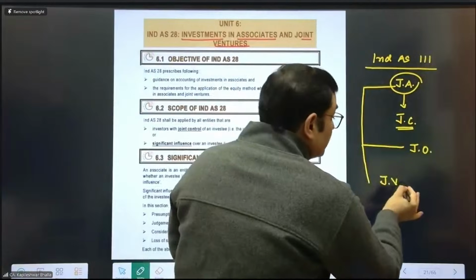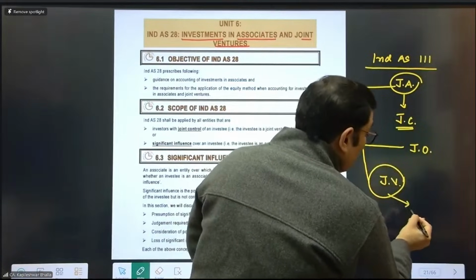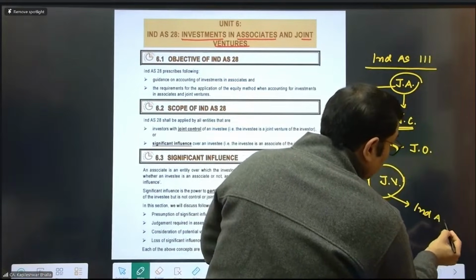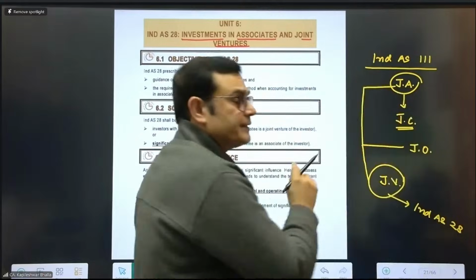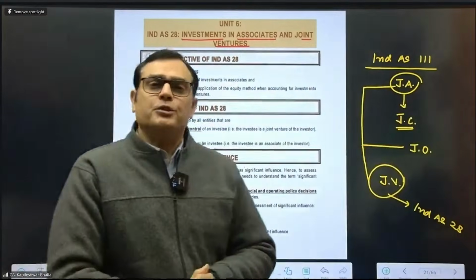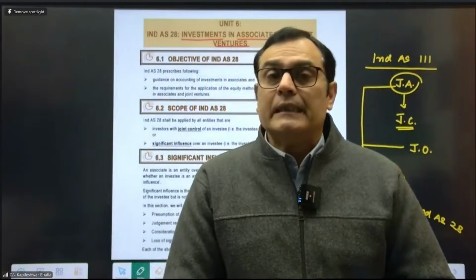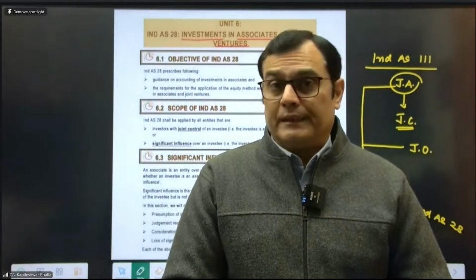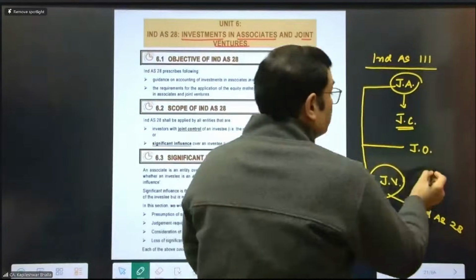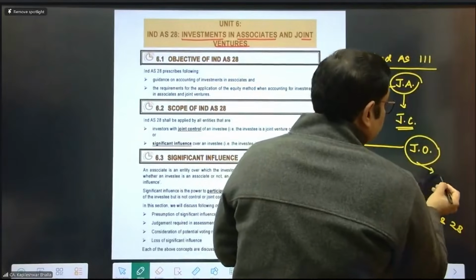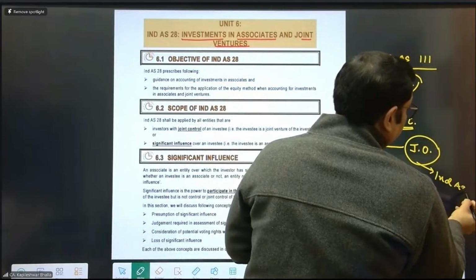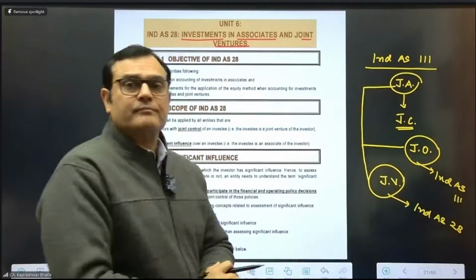If it is a joint venture, you move out of Ind AS 111 and you move to Ind AS 28. The consolidation of a joint venture accounting is covered under Ind AS 28 and not under Ind AS 111. But if it is a joint operation, the consolidation technique is defined in terms of Ind AS 111.